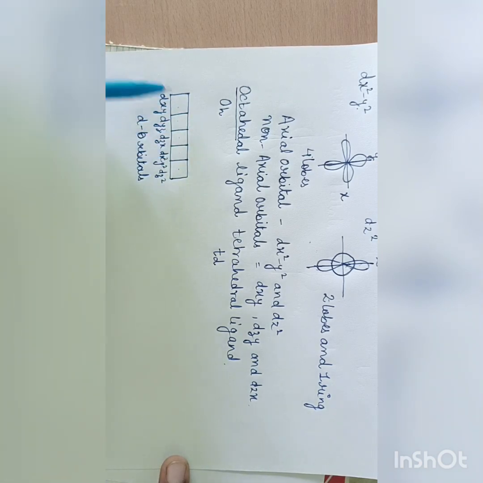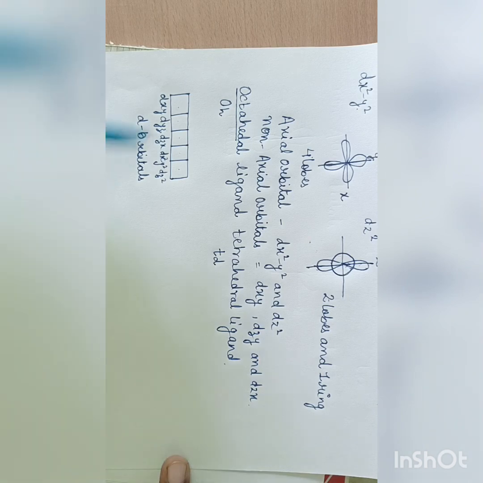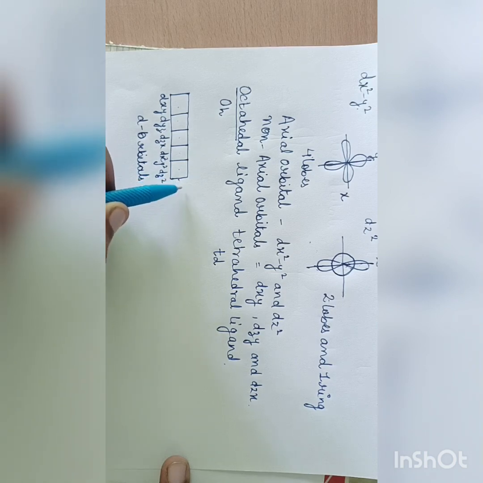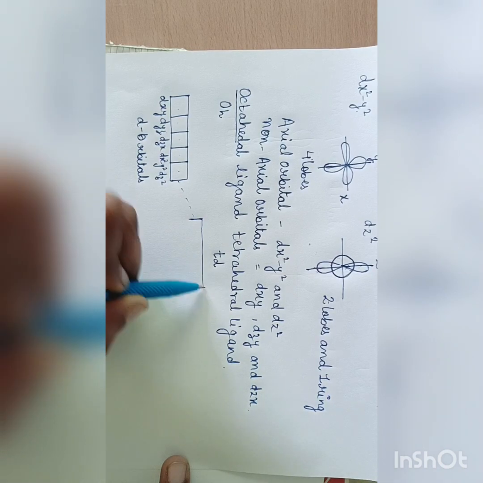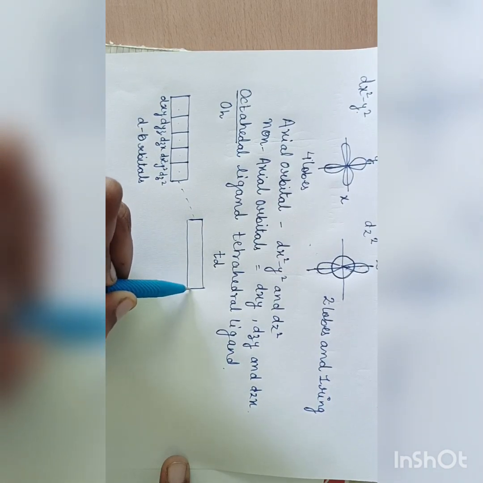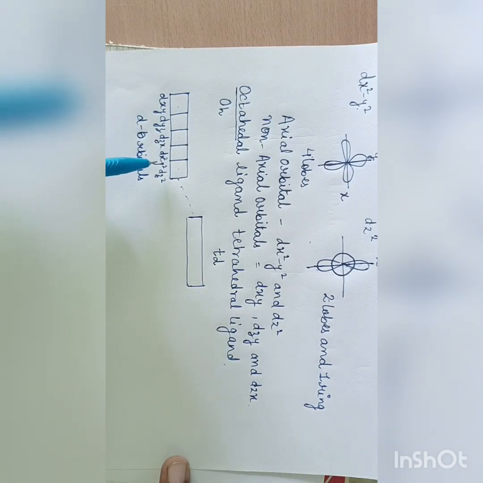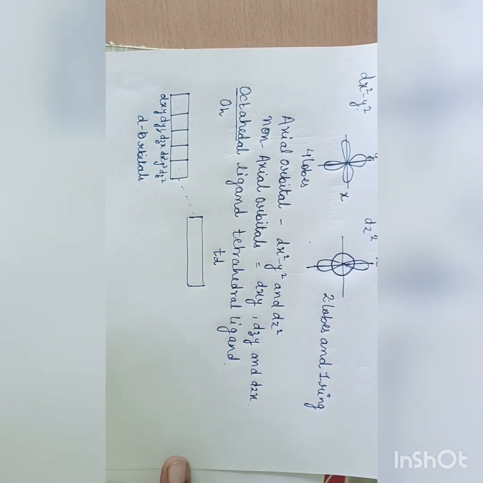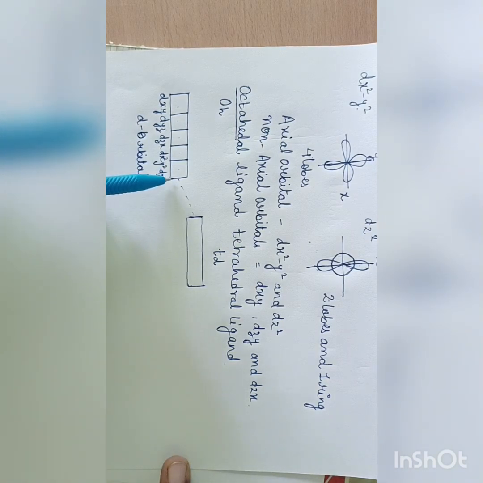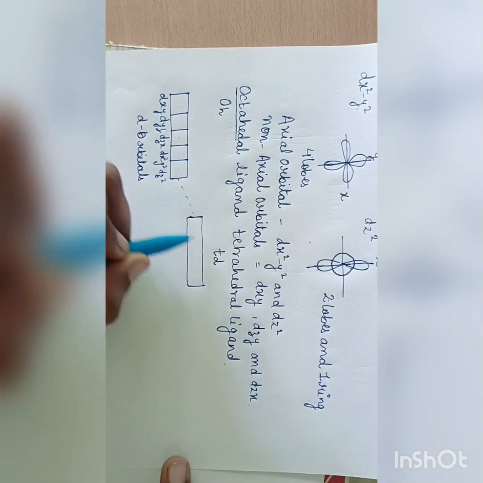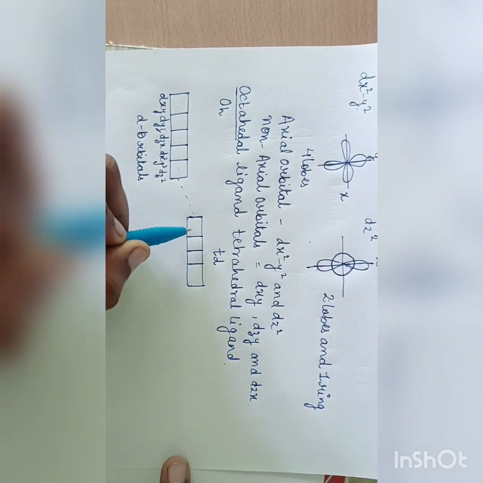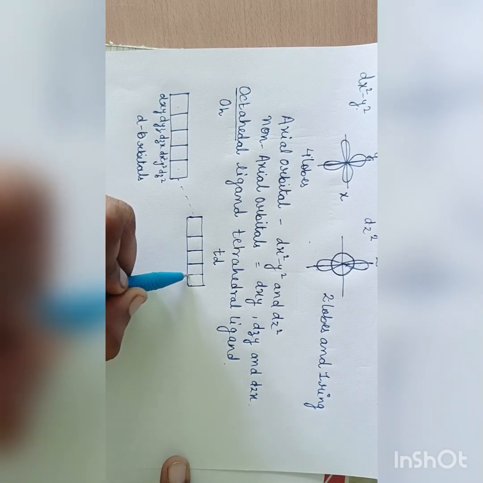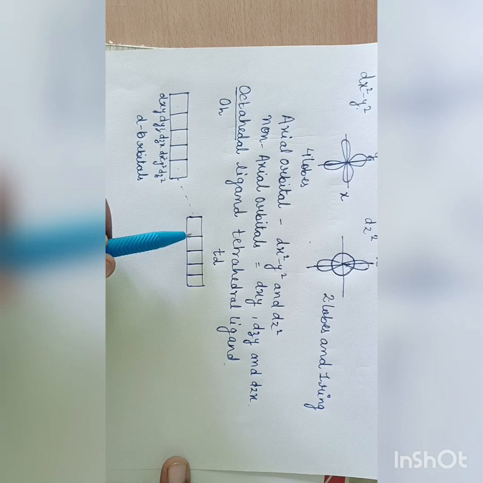When the ligands approach the d orbitals, the energy somewhat increases. When the d orbitals feel that the ligand is approaching the metal, they feel the repulsion, and due to this repulsion the energy somewhat increases.